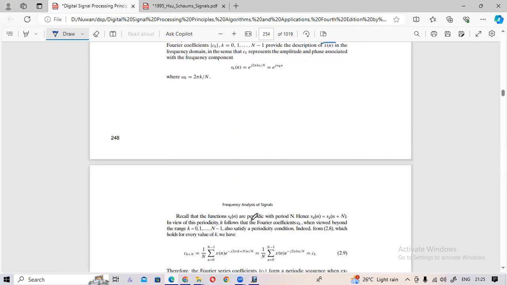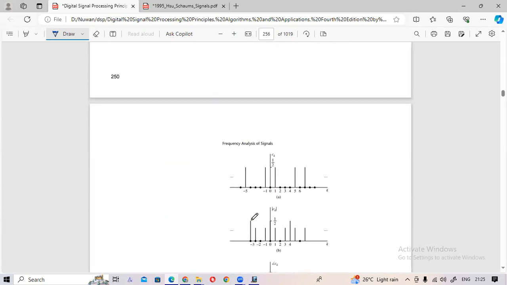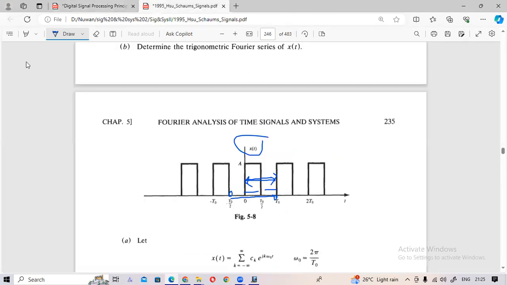Now we will do one example. I will take one example from this book.